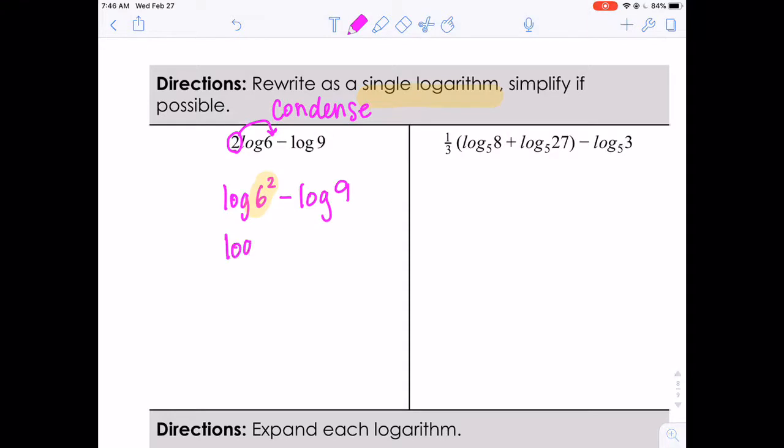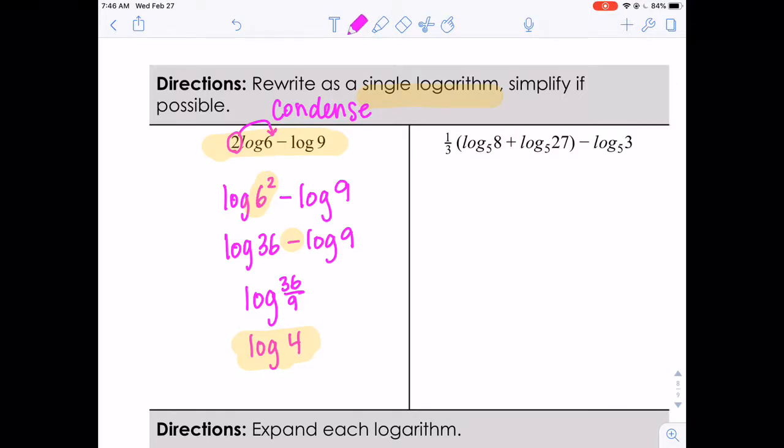That's going to make log 36 minus log 9. I know that subtraction really means division, so this is log of 36 divided by 9, which would be the same as log of 4. So I could take all of this up here and turn it into just log 4. That's what it means to condense or to write as a single logarithm.